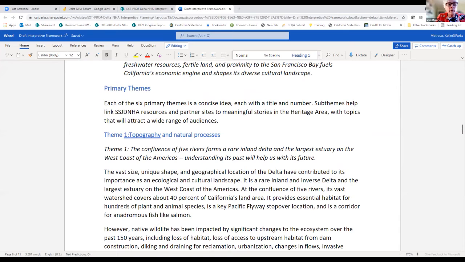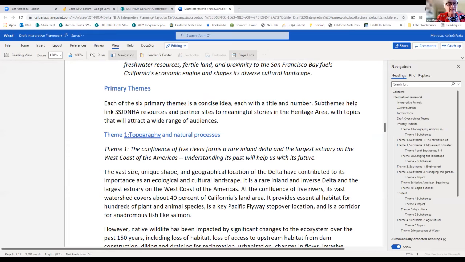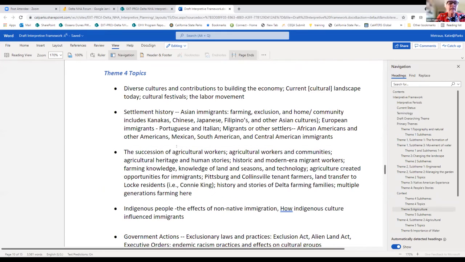For example, if you're going to talk about agriculture, the first farmers had to overcome these very difficult soils. And at the same time, they also destroyed a lot of the natural ecosystem, right? In order to eke farmland out of the Delta.